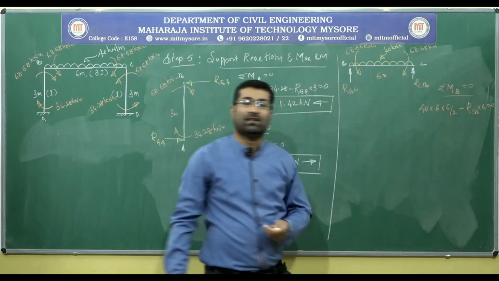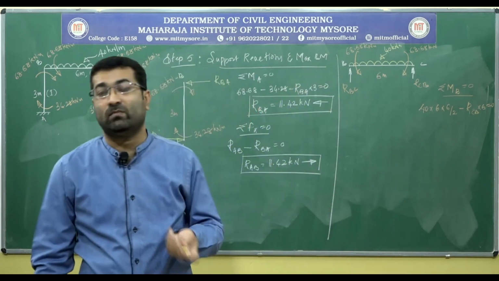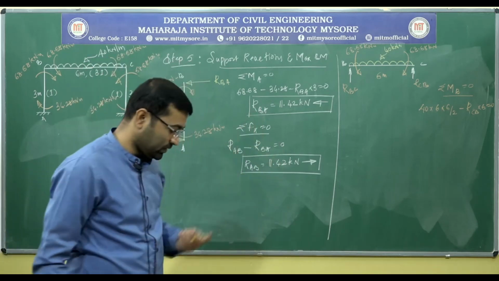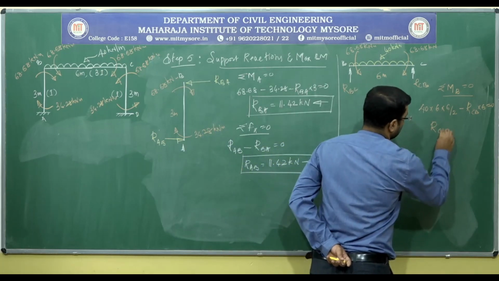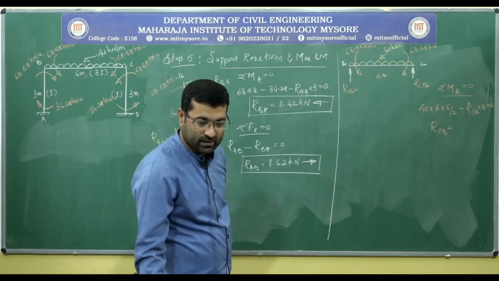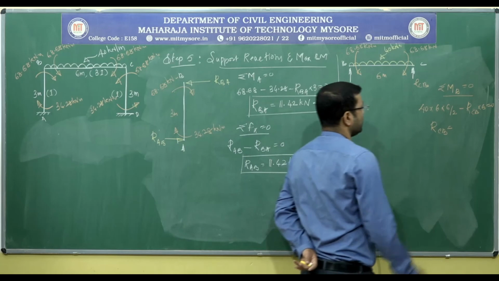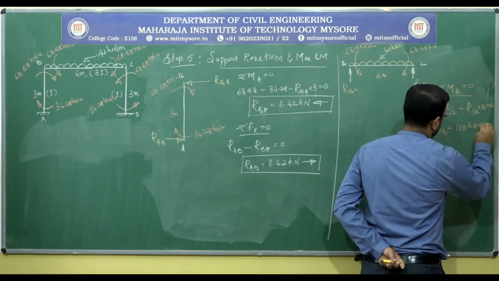See here, I am not considering the moments plus 68.68 minus 68.68, because ultimately that will be 0. So no need to consider those values for the calculation. So straight away you will get RCB as 120 kilonewtons.